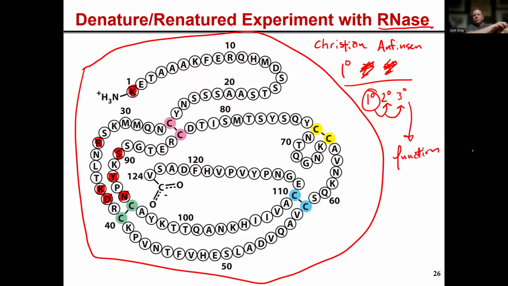Now, this is tremendous because essentially what this means is if you know the primary structure of a protein, there's a pathway or an avenue or a mechanism to figuring out the tertiary structure of a protein.